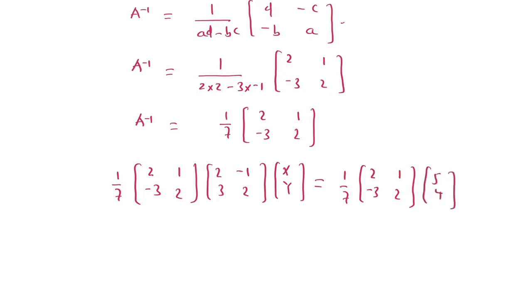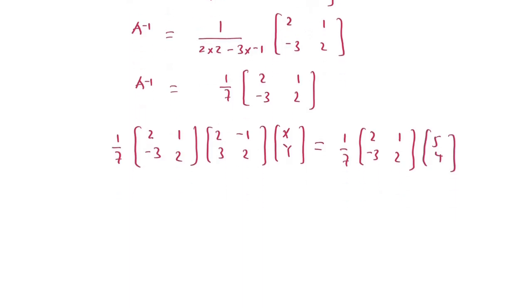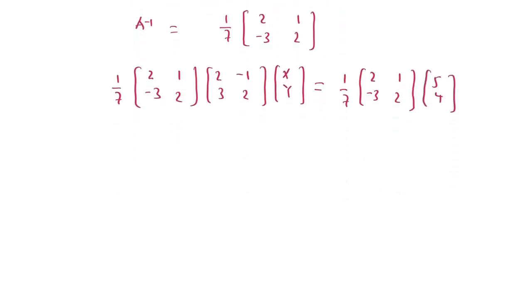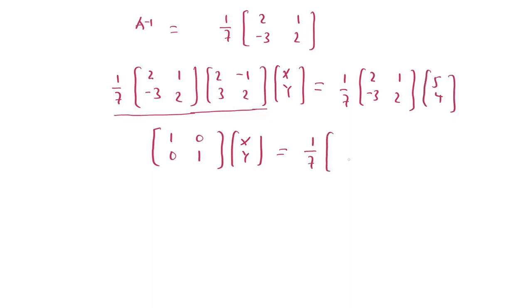Things to remember: a matrix times its inverse gives an identity matrix. So we are going to replace this part with an identity matrix. Then our equation is going to be matrix 1, 0, 0, 1 times matrix x, y equals 1 over 7 times matrix 2, negative 3, 1, 2 times matrix 5, 4.